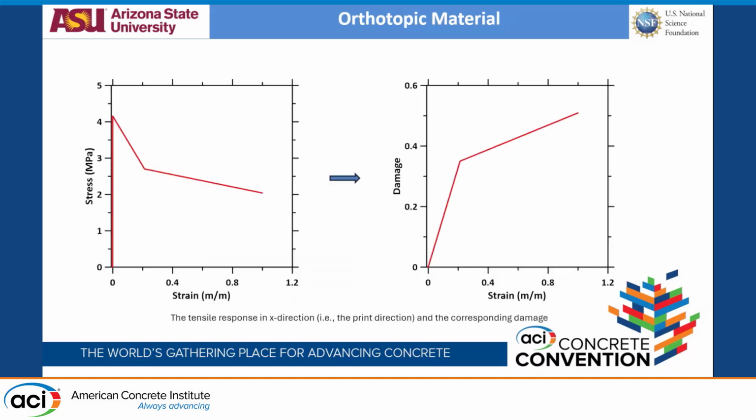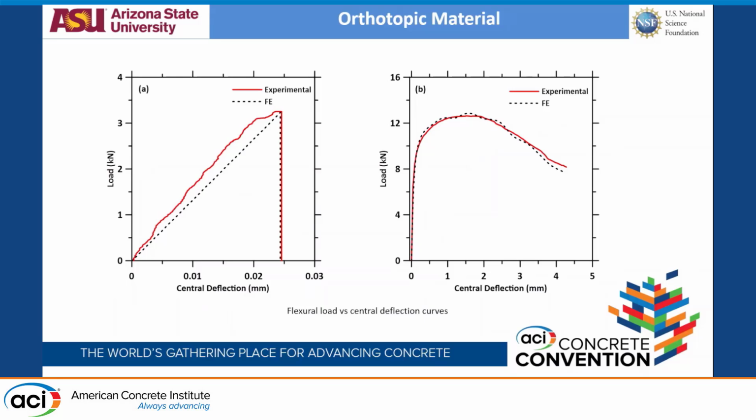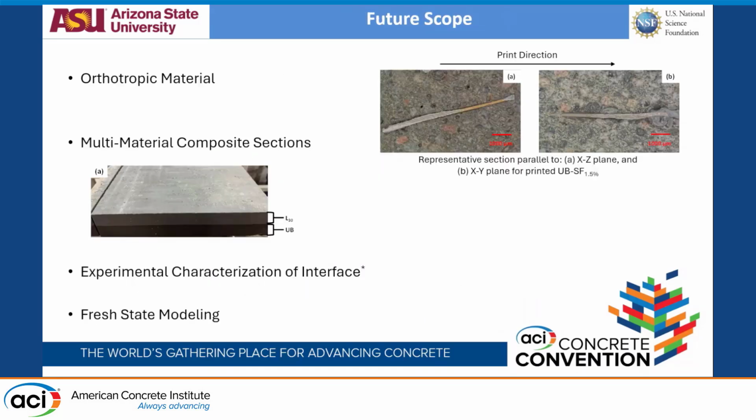Basically, keeping everything that I showed you constant, we only change the D1 direction tensile parameter. And based on this, with calibration, we see that we can actually replicate the flexural response of the steel fiber sample also. For the future scope of the work, again, the orthotropic material models, basically for fiber samples, are the biggest use of modeling through MAT213.